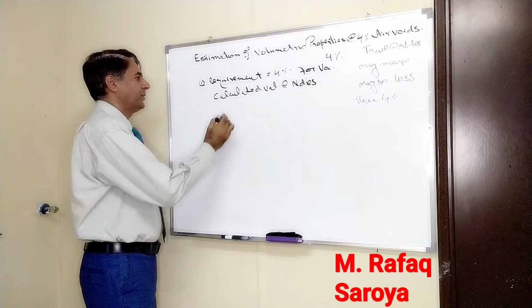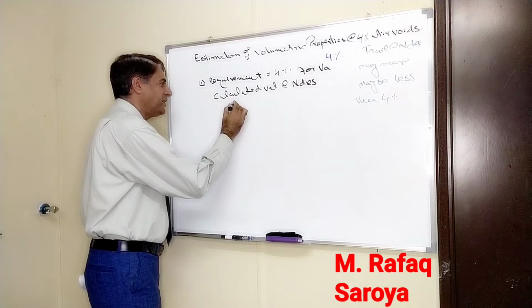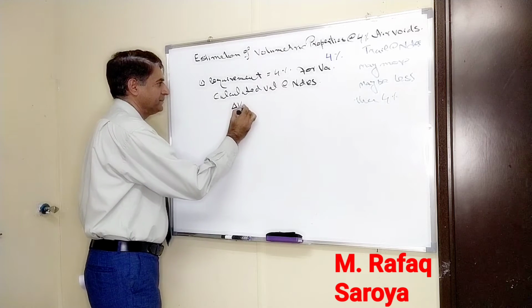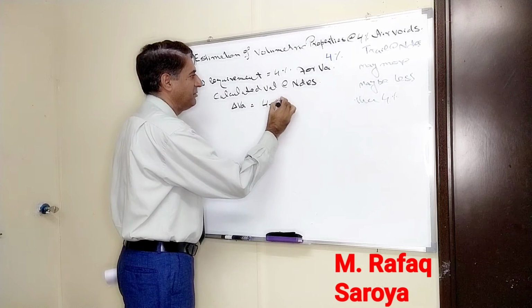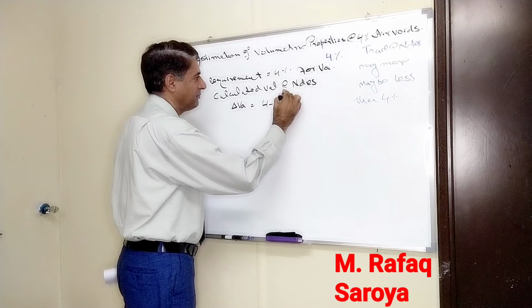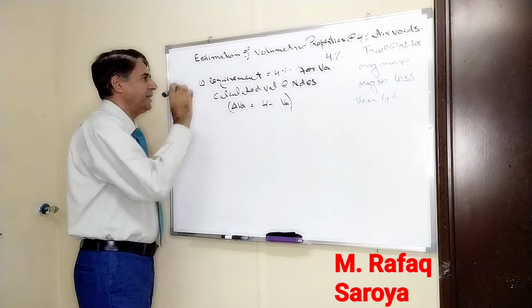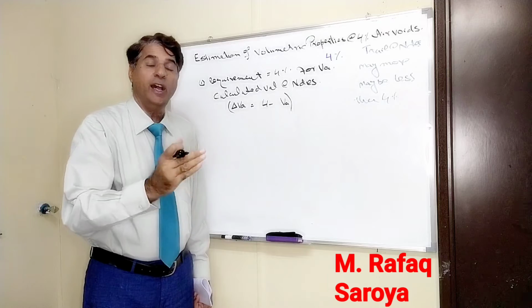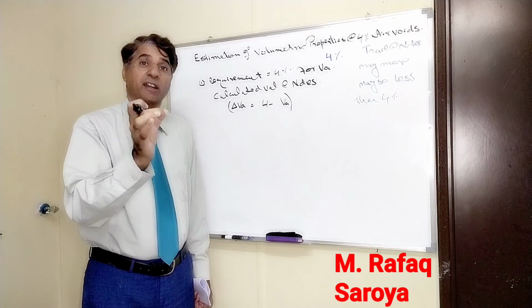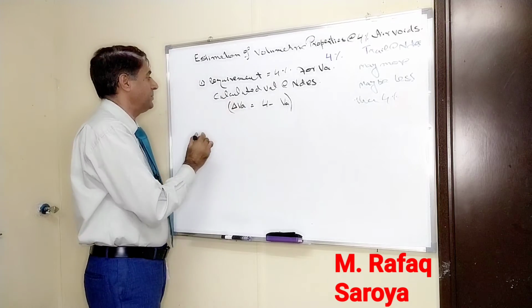How will we do? We will calculate this difference, delta VA, equal to 4 minus VA. This is a very fundamental equation. I don't know, this VA can be more or this VA can be less. We will adjust it. This is my first point.